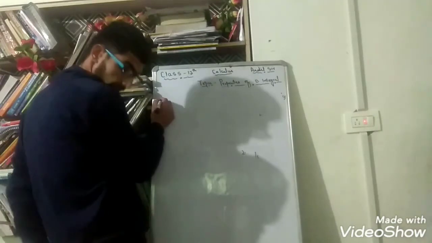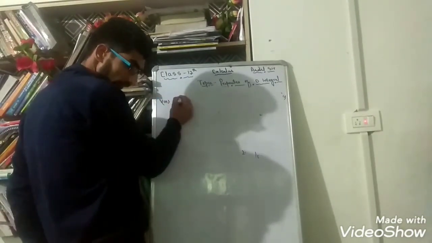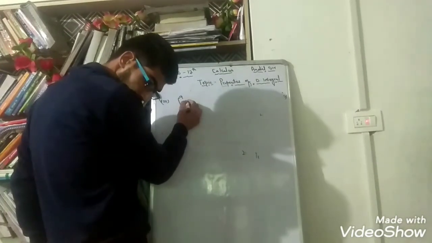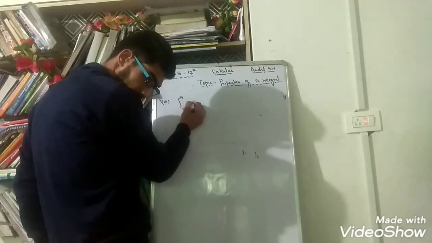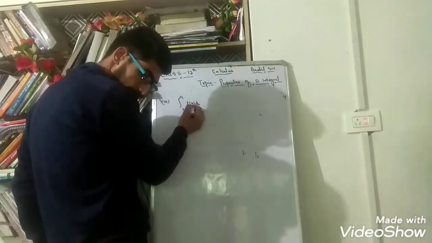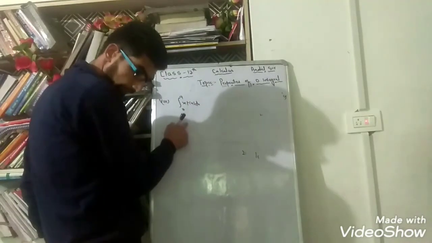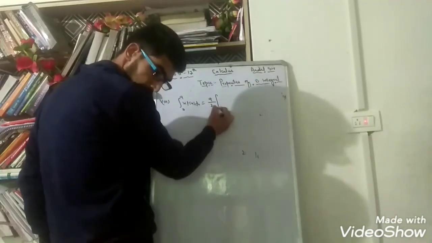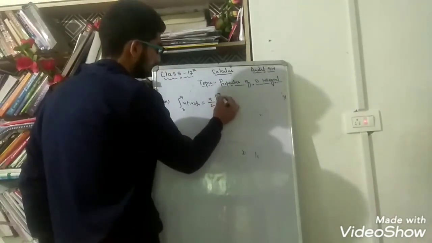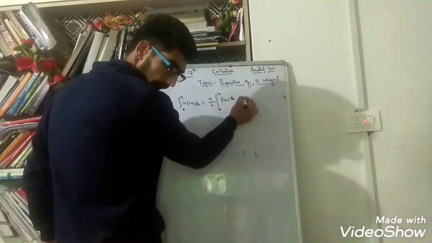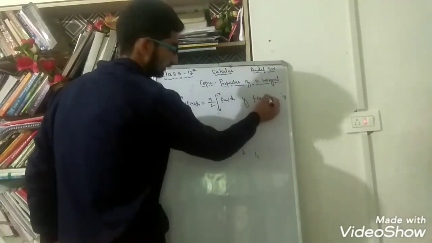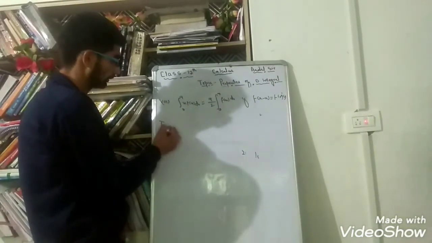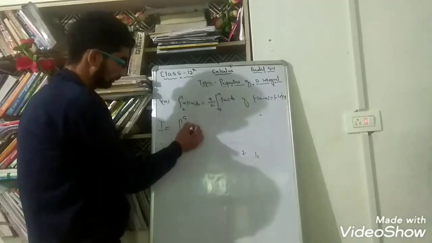Property number 8: the integral from 0 to a of x f of x dx is equal to a divided by 2 times the integral from 0 to a of f of x dx, if f of a minus x is equal to f of x. Let I equal the integral from 0 to a of x f of x dx.